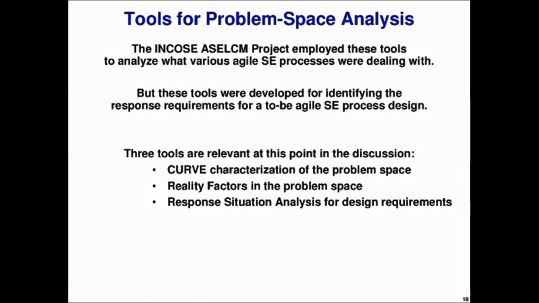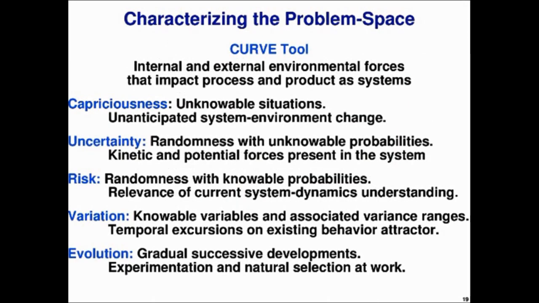We learn how to use a hammer, and lots of things really start looking like nails. So we're going to look at 3 different specific tools here. First one is what I'll call the curve tool.